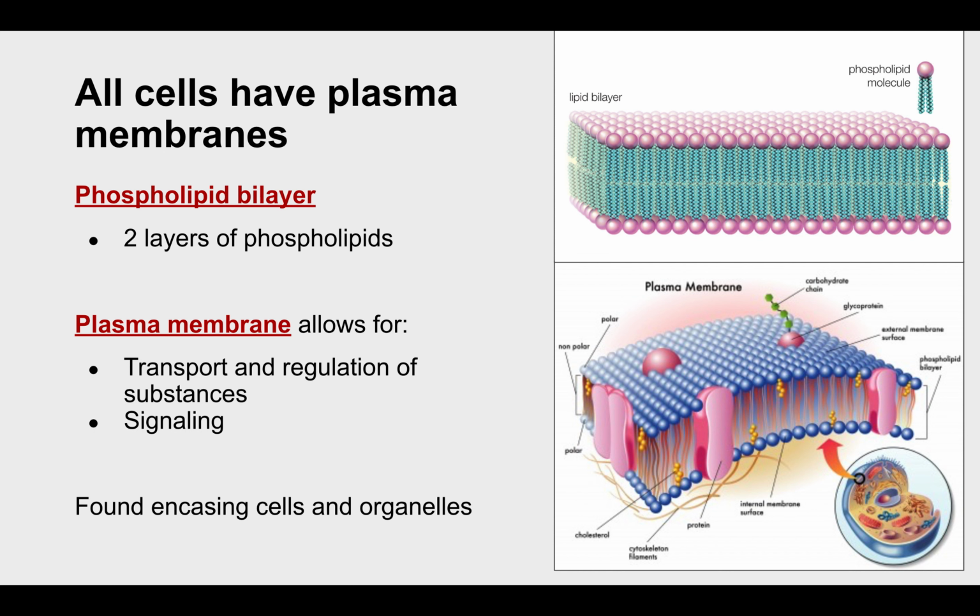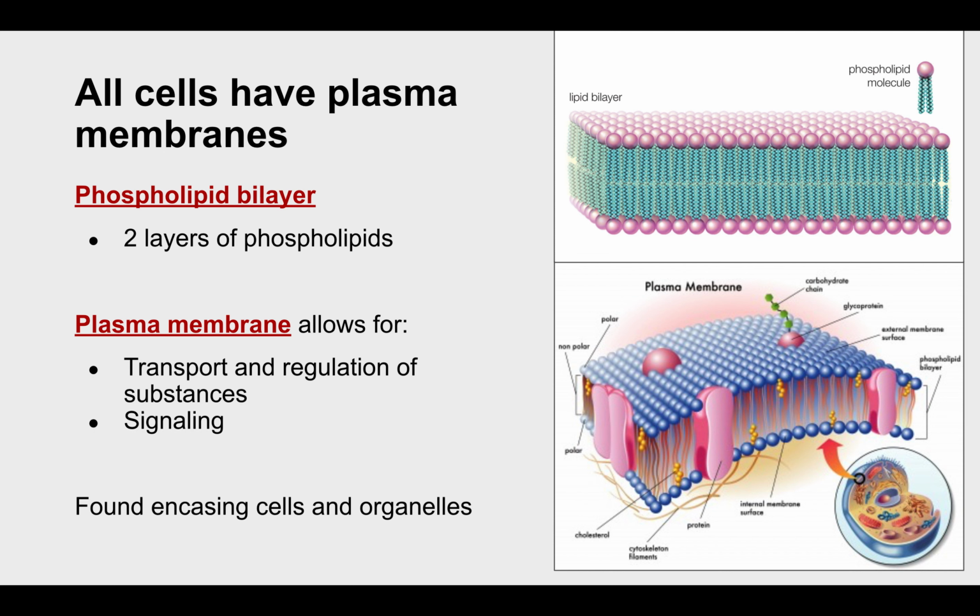All right. One of the things about cells that we need to know is that all cells have a plasma membrane. Again, we're not going into too much detail here, but it will become important when we talk about taking up water and how water might move across membranes. All cells have a plasma membrane that we can also call a phospholipid bilayer.